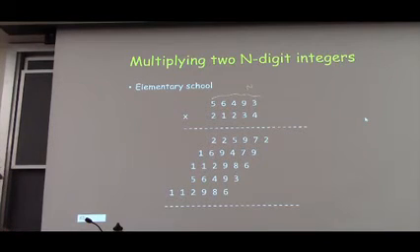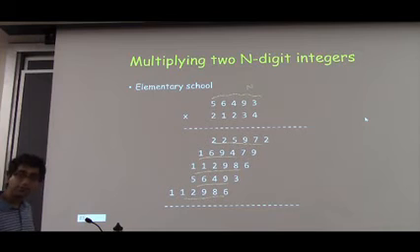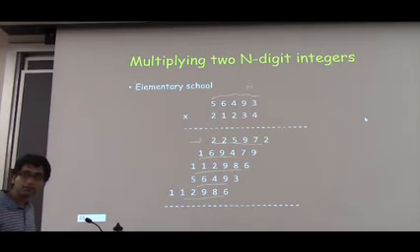Let's quickly see how long it takes to multiply two n-digit numbers using this algorithm. Firstly, you have to build these partial products. How long does it take to build each one? O of n.